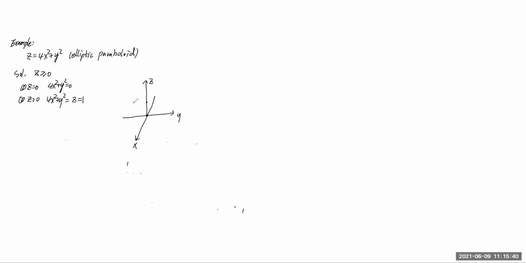And then, for 4x squared plus y squared equals z, when z is 2, you get a bigger ellipse. And as z gets bigger, the ellipse gets bigger.